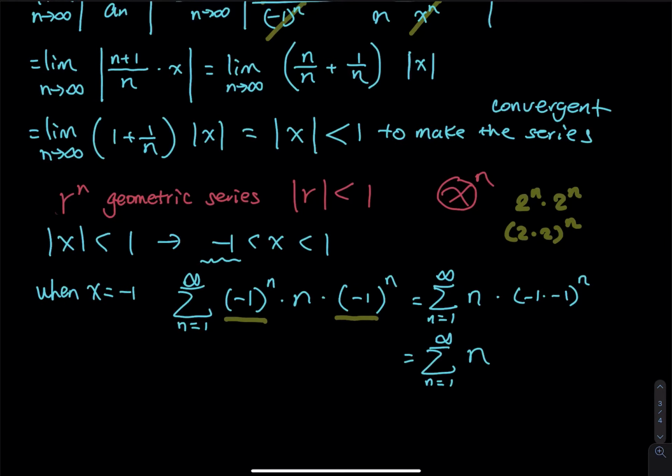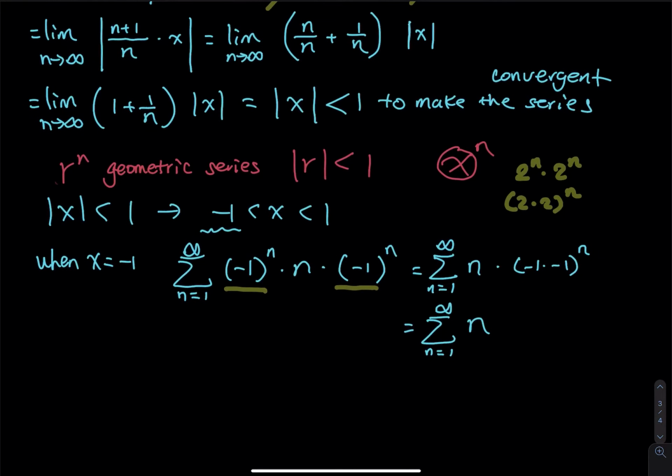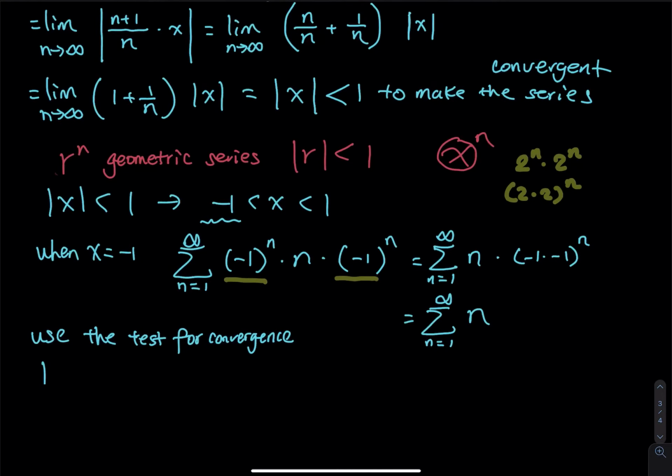And then how do we test this series? To test this series, you have to use a very fundamental technique that is called the test for convergence. So use the test for convergence. And then we have to take the limit as n approaches infinity of this n right there.